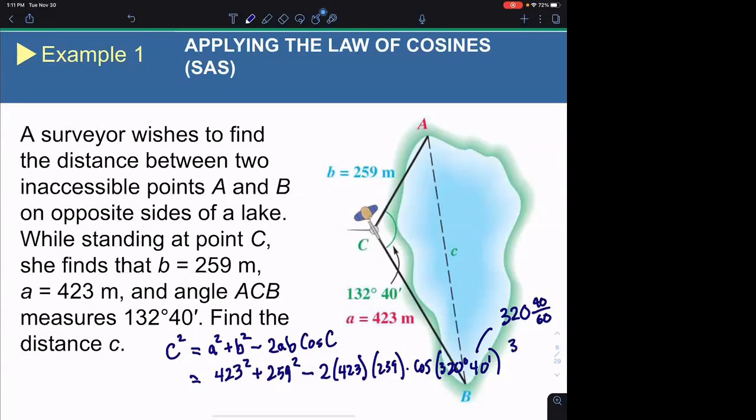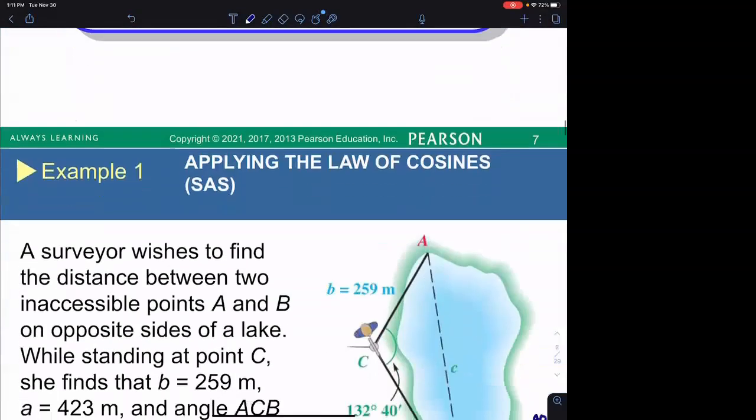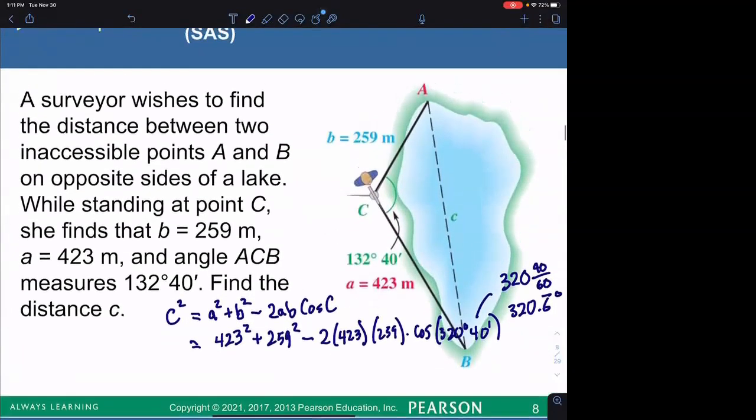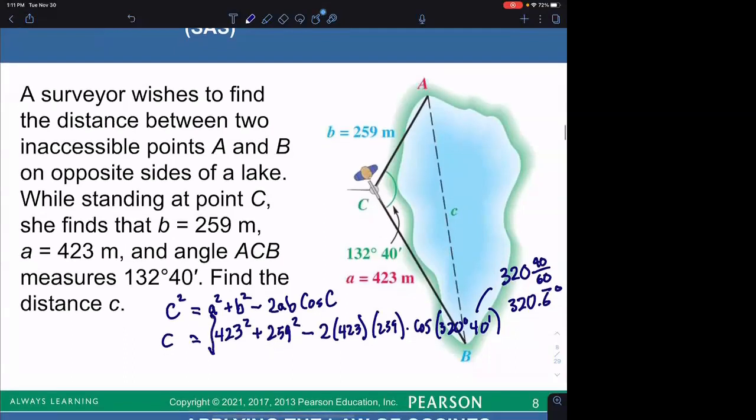So this would be 132.6 with a bar on it degrees, repeating 6. Anyway, you can convert the minutes into degrees. We haven't done that for a few chapters, so just as a reminder, so that you can punch all this on your calculator. Then I would just type all that in and square root to find out what C is. So C is going to be equal to the square root of the results of all that stuff.